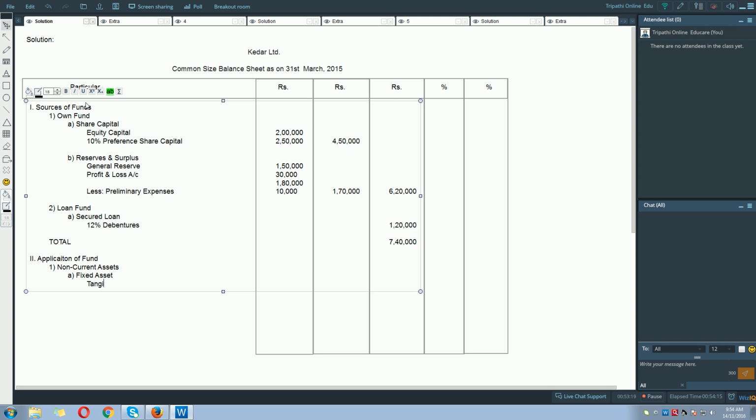We'll go for the second one, that is application of fund. The first one, non-current assets.